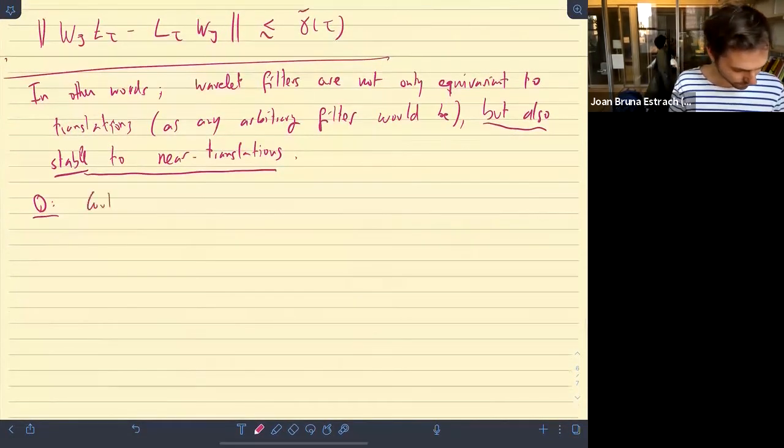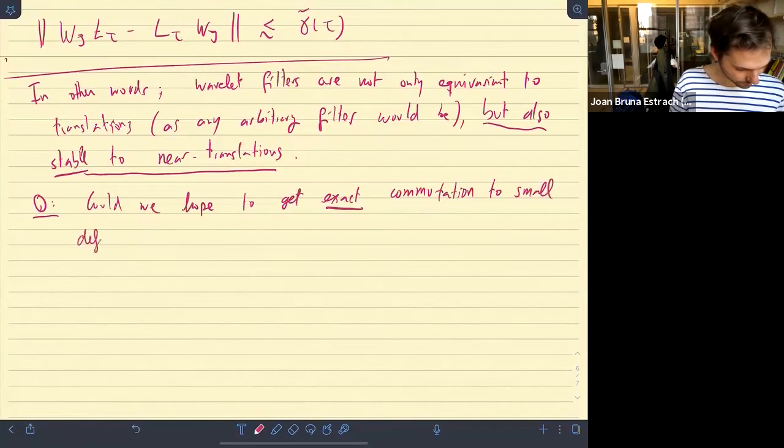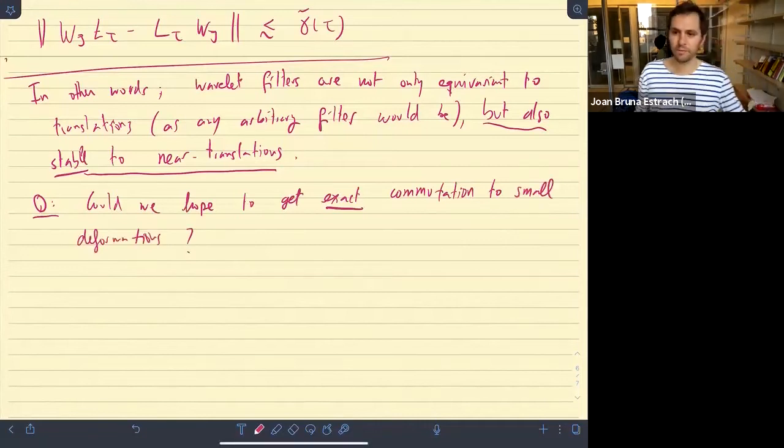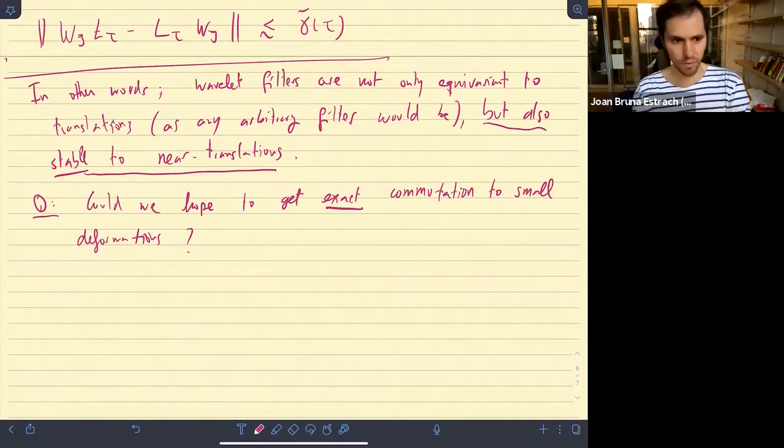Could we hope to get exact commutation to small deformations? Think about it for a second. And maybe with this question, I'll take a couple of minutes break, just thinking about it, and then we're going to resume in 2 minutes.